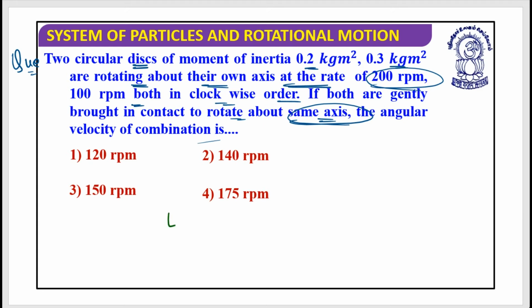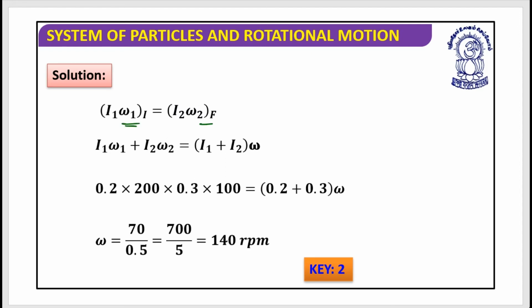So initial angular momentum should be equal to final angular momentum. Initially they both were moving in the same fashion, so this could be written as I1 omega 1 plus I2 omega 2, and finally they will have a combined velocity, so that is I1 plus I2 into omega.